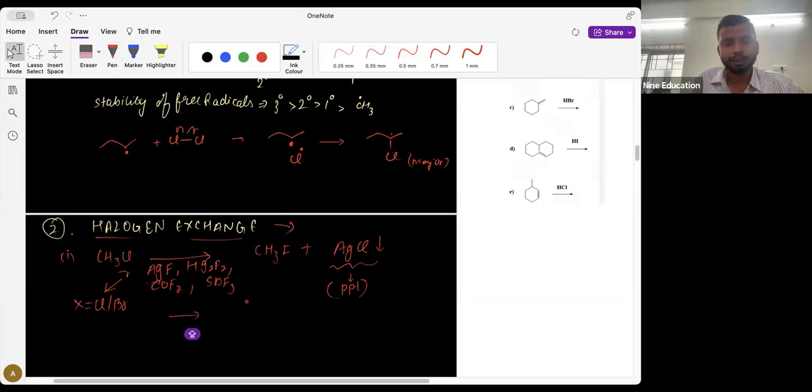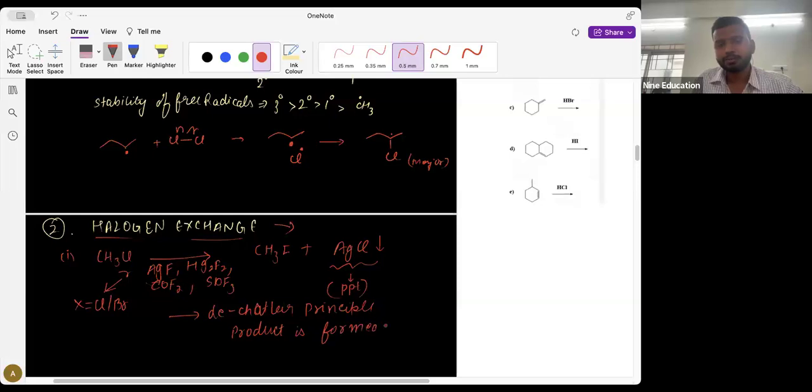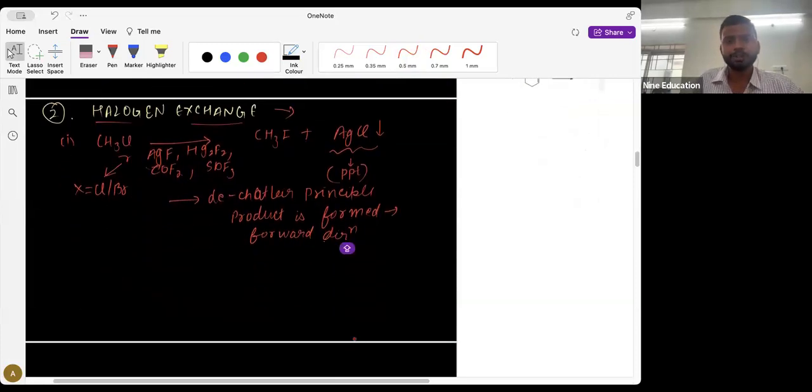And because of this PPT only, Le-Chatelier's principle tells us if in the product PPT is formed, so reaction will go in forward direction. क्योंकि ये PPT form हो रही है and product is decreasing from the solution.